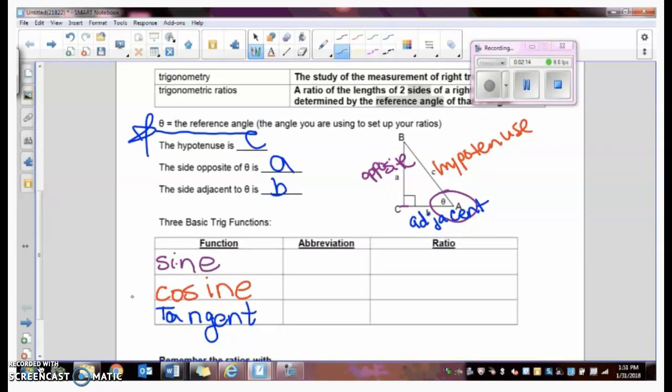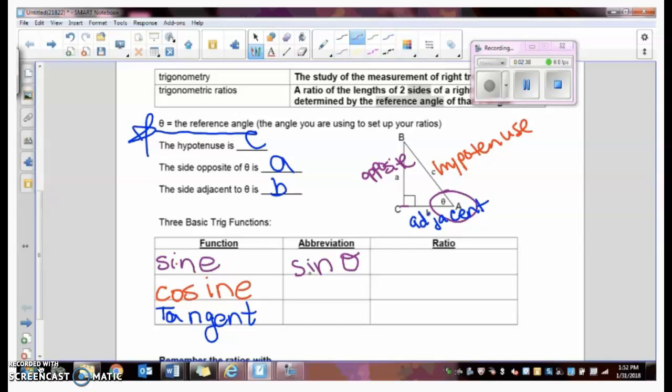There are three basic trigonometric functions: sine, cosine, and tangent. You won't see them written out very often. Most of the time you're just going to see sin, cos, and tan, their abbreviations.